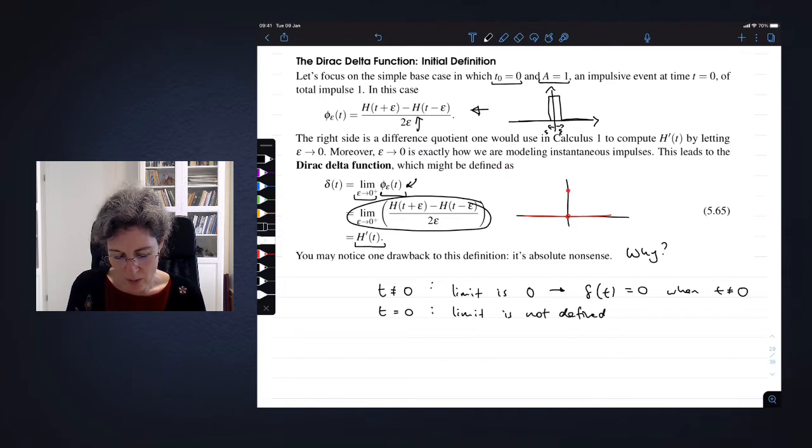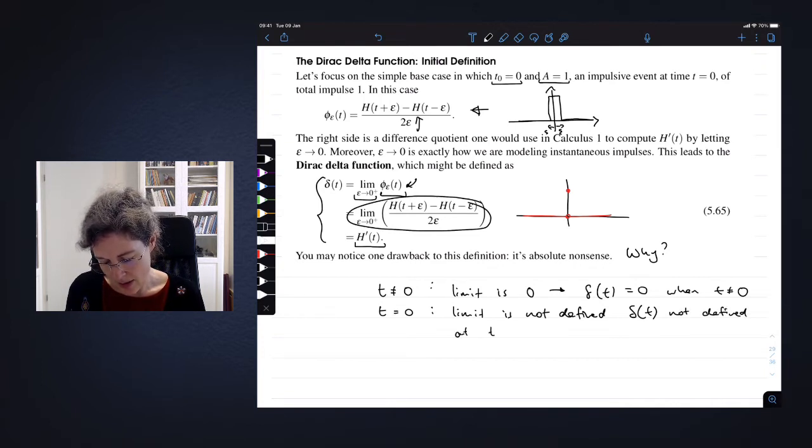So the problem with this kind of intuitive definition is that you end up with a delta t that is not defined at t equal to 0, which is precisely the point that you would like to have it defined. And people tried many ways to work around this and get a nice definition, but it turns out that actually you can't.